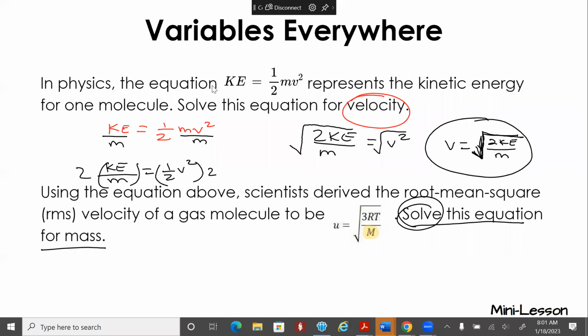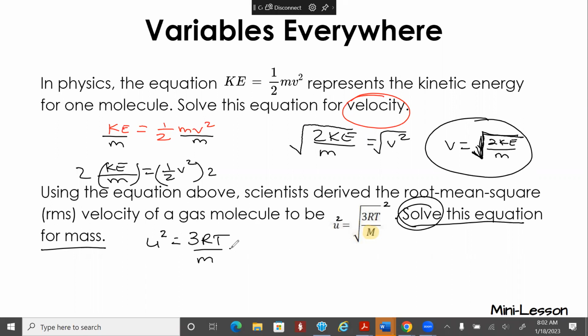So the first thing we're going to do is remove the square root. How do we remove the square root? Squaring it. Fantastic. So that's going to give me u squared equals 3RT divided by m. Now we want m out of the denominator and we want him by himself.